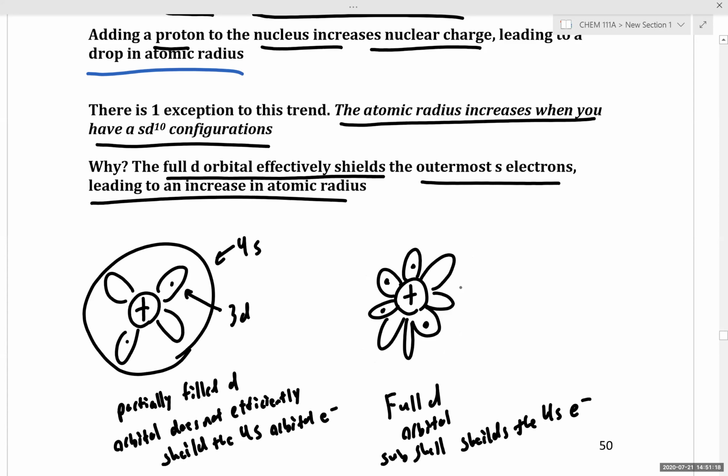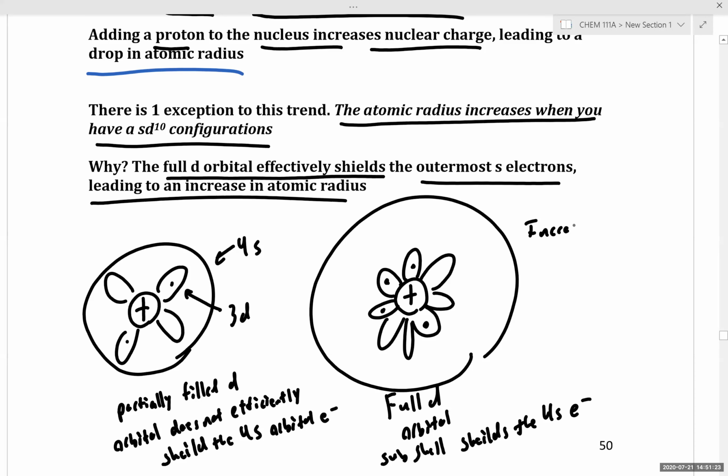And as a result, what we see is an increase in atomic radius as 4s electrons experience shielding.